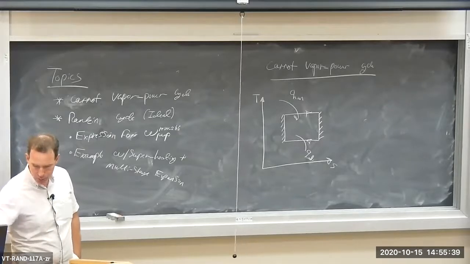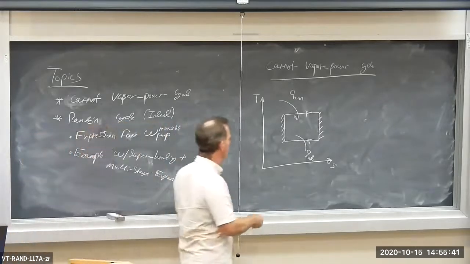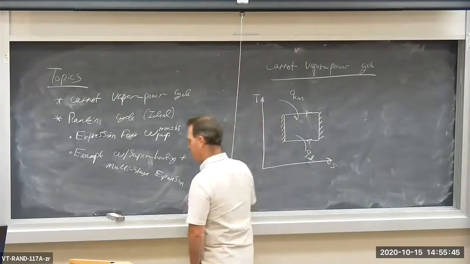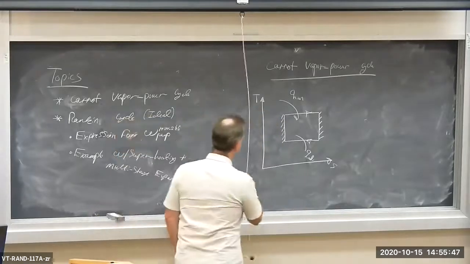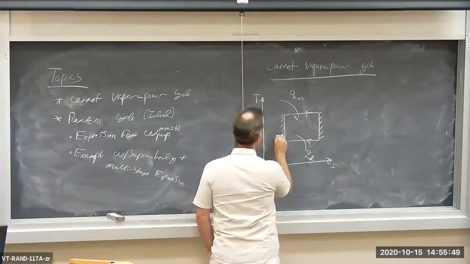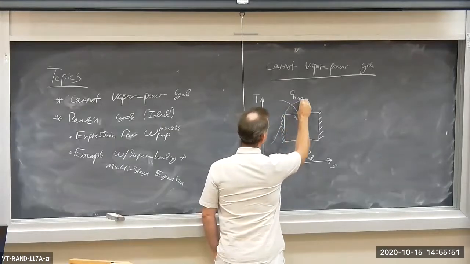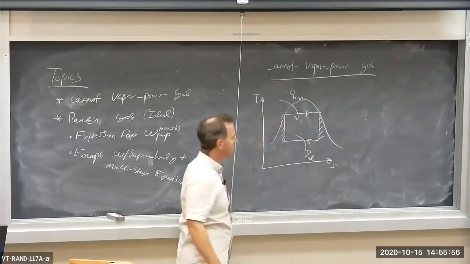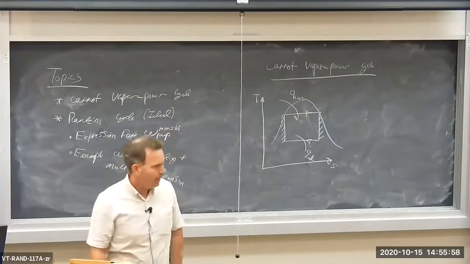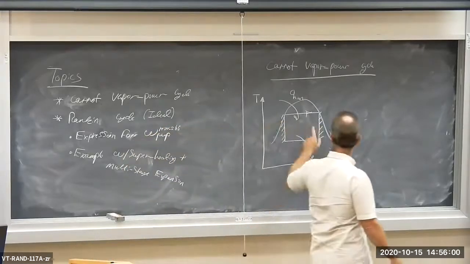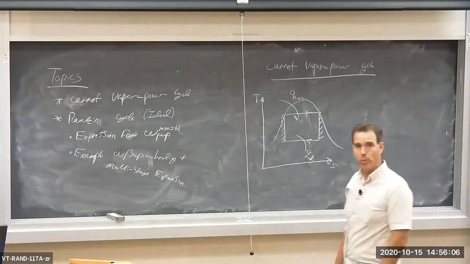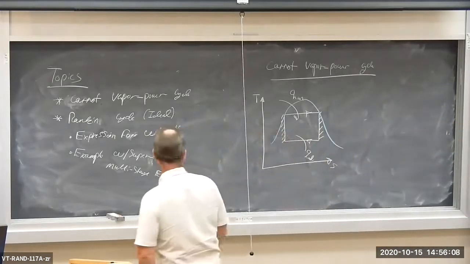Okay? Now, one way to envision this device is to actually put it inside of a saturation dome. So here's our saturation dome right there. And we can see that the isothermal heat addition and rejection processes are necessarily isobaric because we are in the saturation dome.